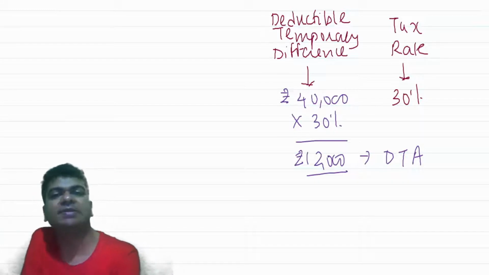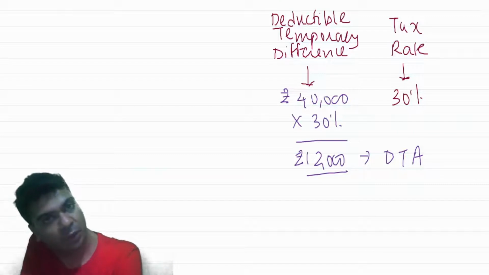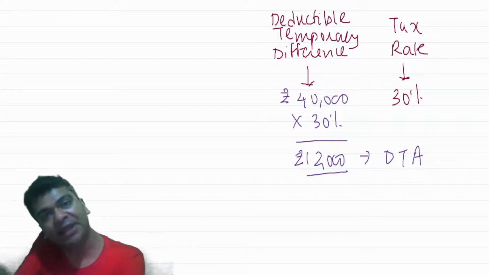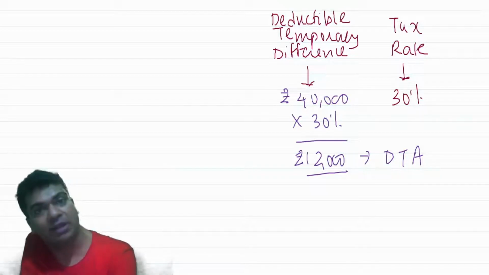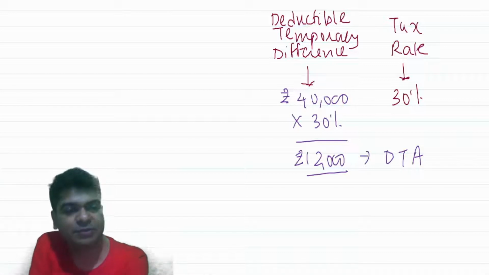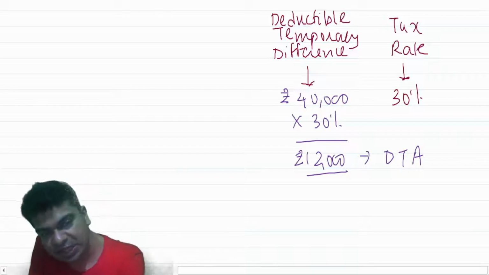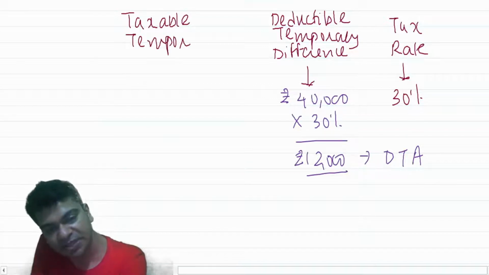But then there is a very simple thing. When can you save 12,000 rupees of tax? Only if you are going to pay tax in future, isn't it? If you are not going to pay any tax in future, then where is the question of saving it? So the first criteria which has been suggested in Ind AS 12 is that there should be sufficient taxable temporary difference. This is the first criteria that we have to follow.